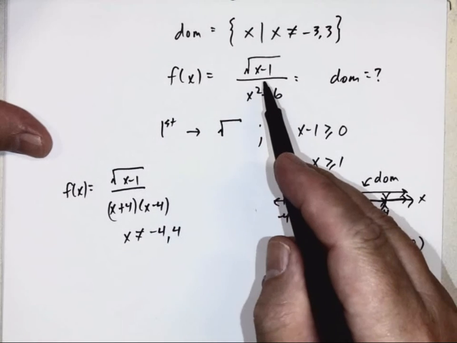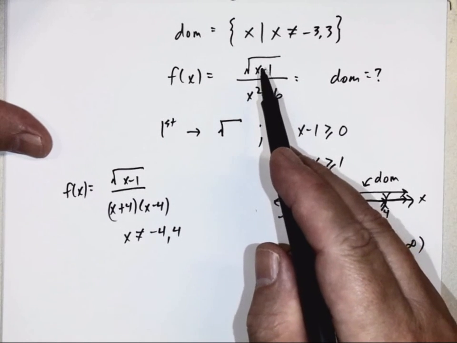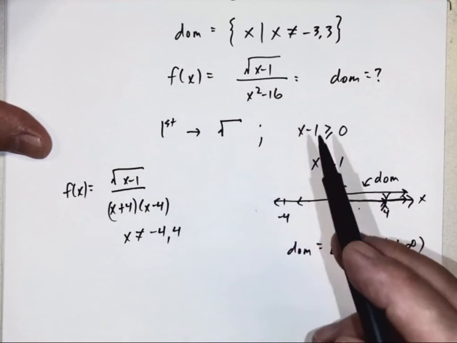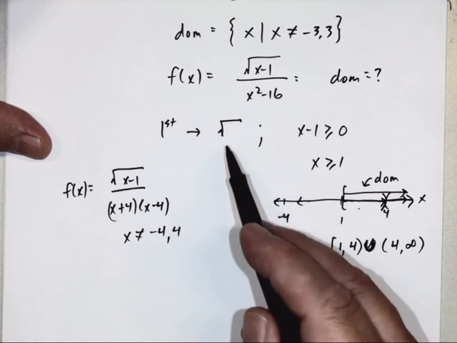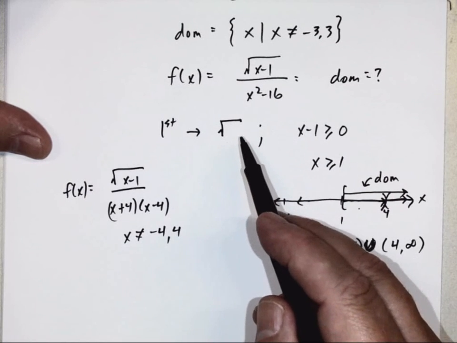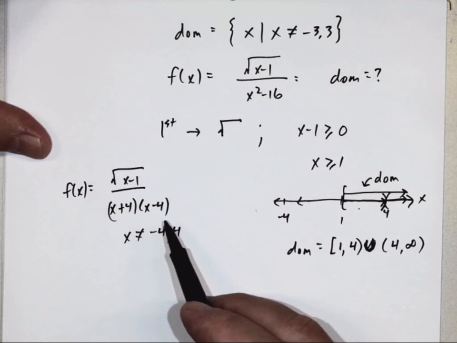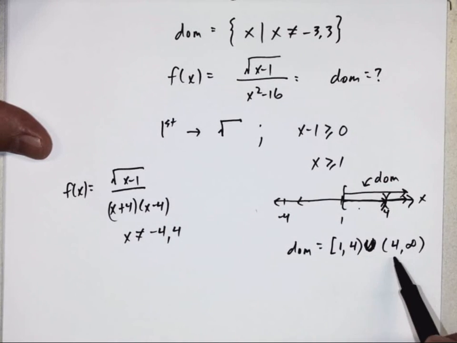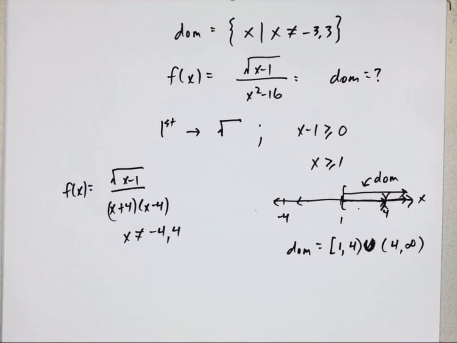So for this function here, where I have both a variable under the square root and variables in the denominator, I first take into account the impact of the square root, and then I look at the impact of having the variable in the denominator. When I combine those, I end up with this domain. All right, I spent a lot of time, but I know a lot of times students can be confused about finding the domains of functions written as equations, so hopefully that'll make it very clear.